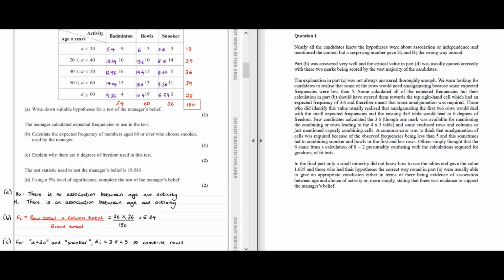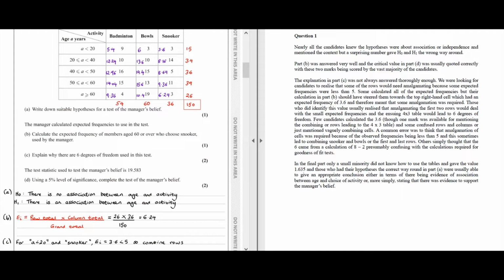The examiners were looking for candidates to realise that some of the rows would need to be basically combined because some expected frequencies were less than 5. So I think actually working out all the expected frequencies and noticing this is less than 5 would have made life a bit easier for yourself.